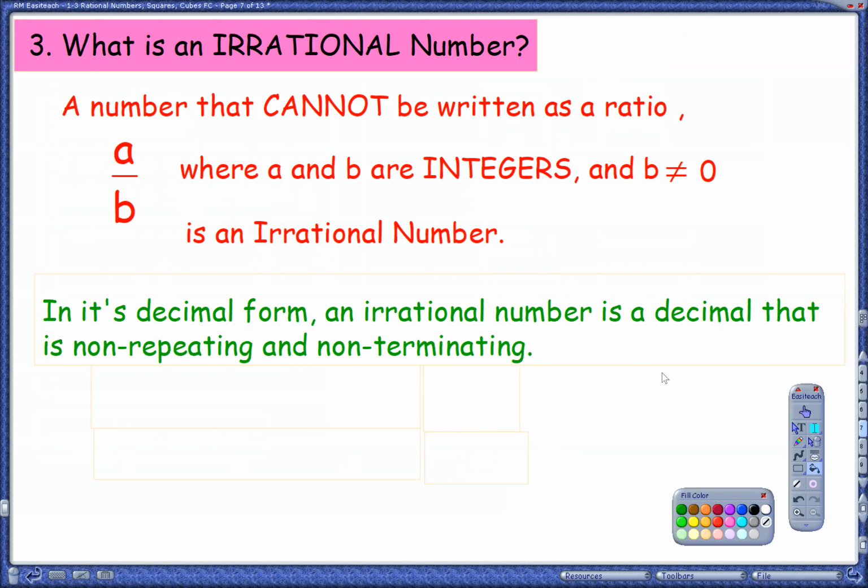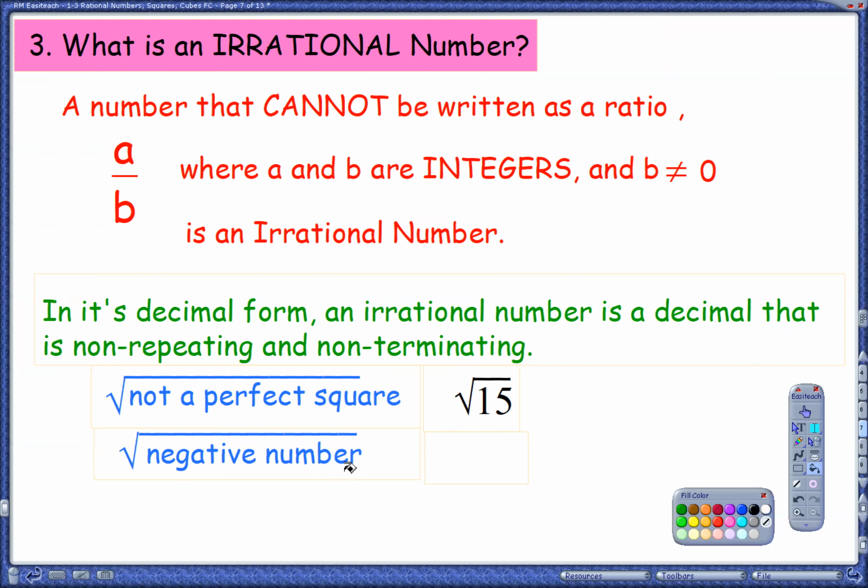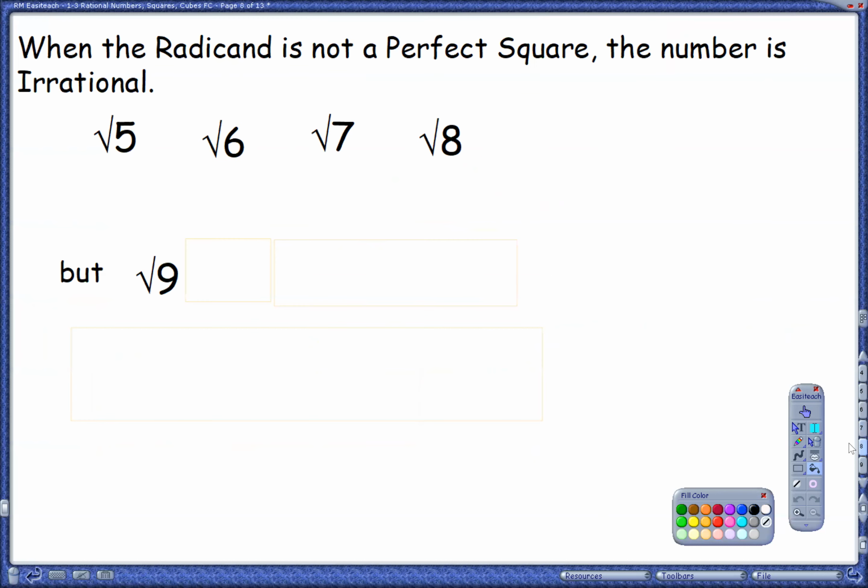Some examples are when you have the square root of a number that is not a perfect square, such as square root of 15. And we know that 15 is not a perfect square. When you have a square root of a negative number, we don't know how to find the square root of negative 10. That is actually an imaginary number, which you will do later on.